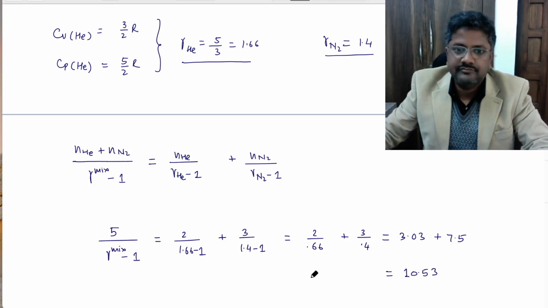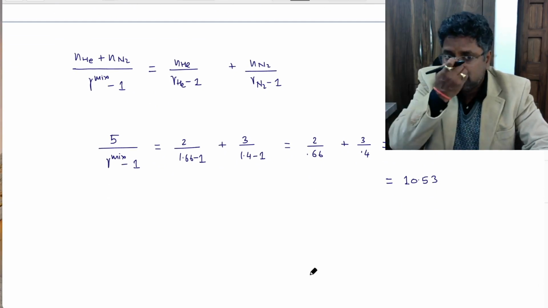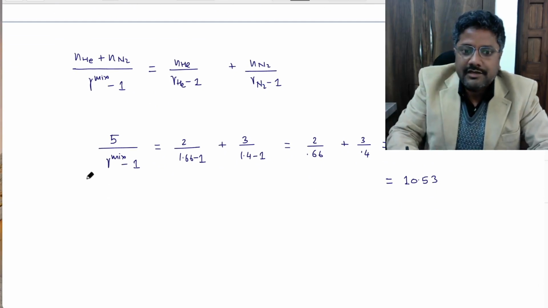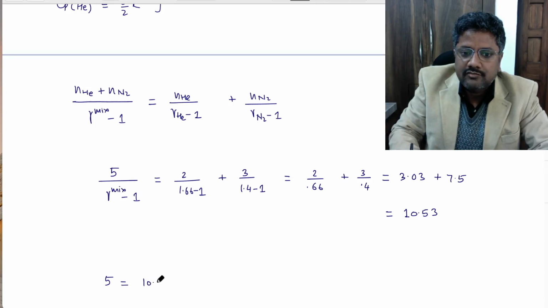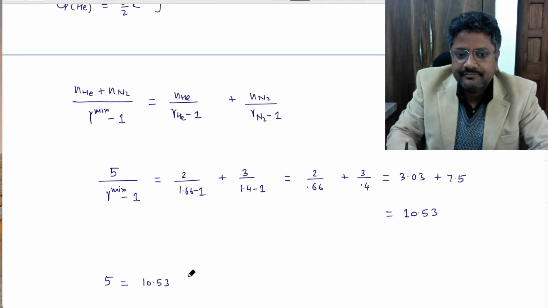So you can write 5 is equal to 10.53 gamma mixture minus 10.53.